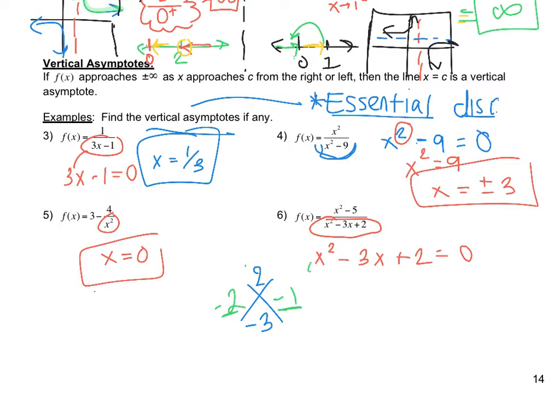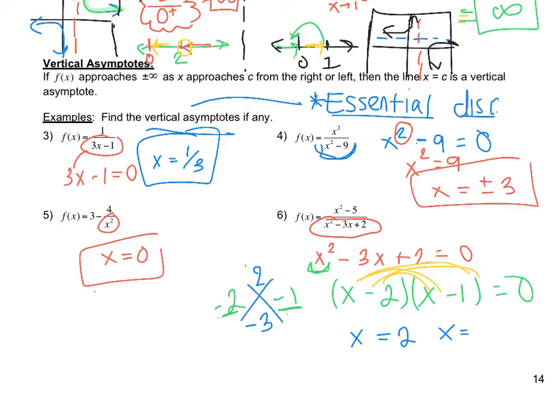And because this leading coefficient is just 1, that's exactly how this factors. And you can always double check. X squared minus 1x minus 2x, that's my negative 3x. And then negative 2 times negative 1 is positive 2. Okay, so just doing a quick check there. That means my two vertical asymptotes are at 2 and 1.